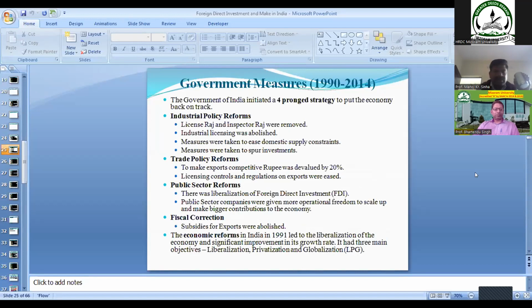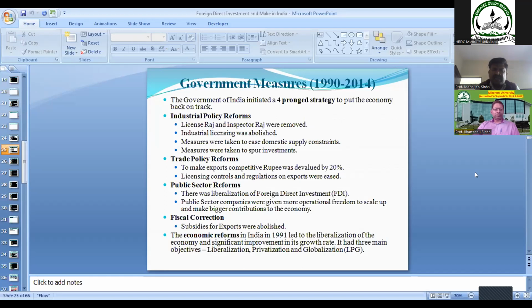And for that, the government of India reformed its policy: industrial policy reform, trade policy reform, public sector reform, and fiscal correction. In industrial policy reform, there was license Raj and Inspector Raj before 1991.